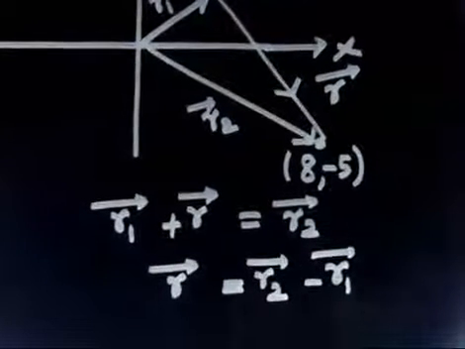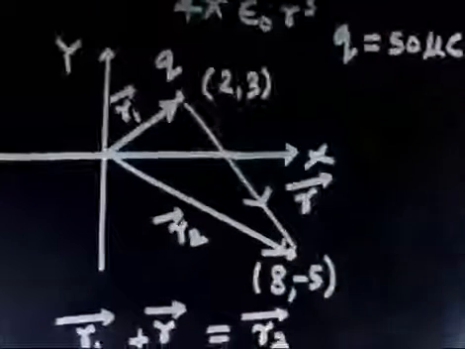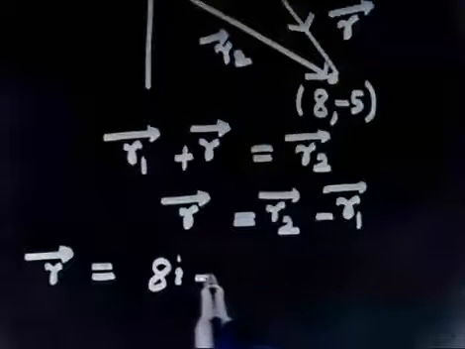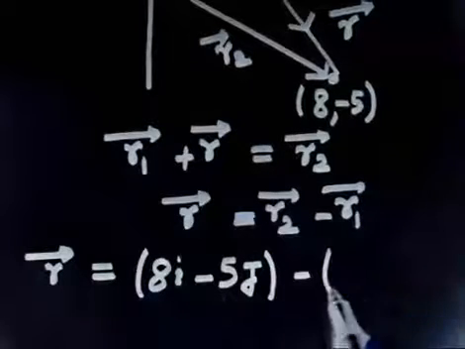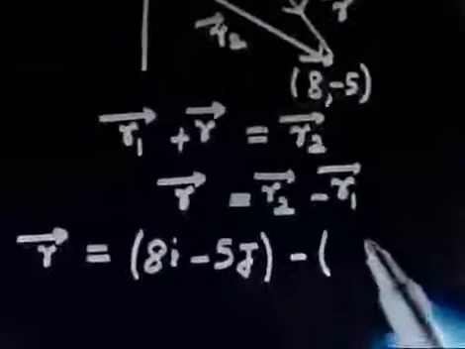Now r2 and r1 are given to you. r2 is 8i minus 5j, so let us plug in this value: 8i minus 5j minus r1, where r1 is 2i plus 3j.